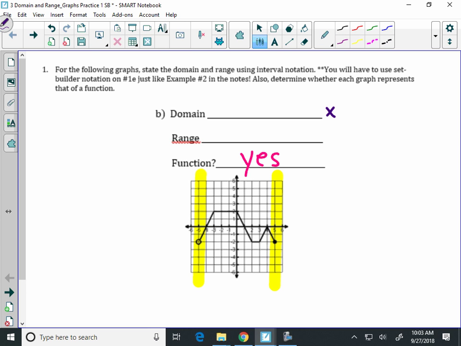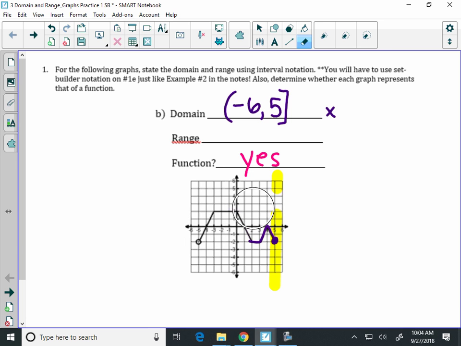Well, when I look all the way to the left here, it looks like my farthest to the left x is at -6. There's an open circle here, so I'm going to put a parenthesis with -6. Then I have all the x values on this graph all the way until I get to x equals 5. There's a filled in dot there, so I get a square bracket.